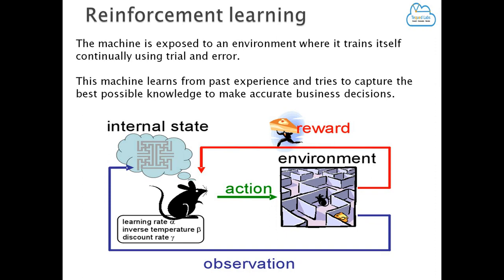So how is it learning? This step is not possible, so this is a bad experience. This is not good. So next it will try a new thing. This is also not good. This is also not the correct step that I need to take. So using trial and errors, it is able to make decisions and get to the reward. That is called reinforcement learning.